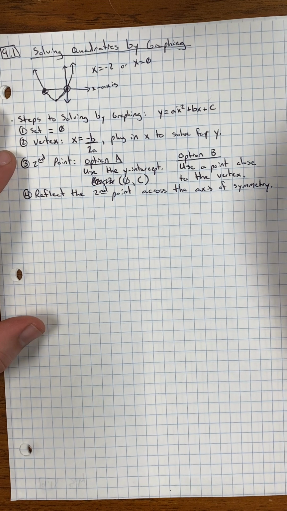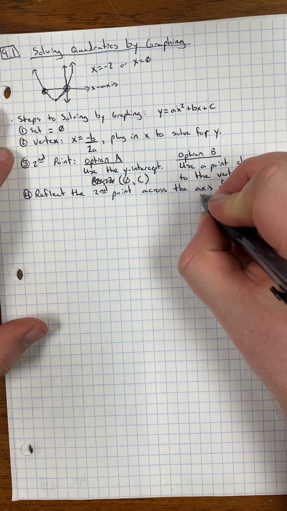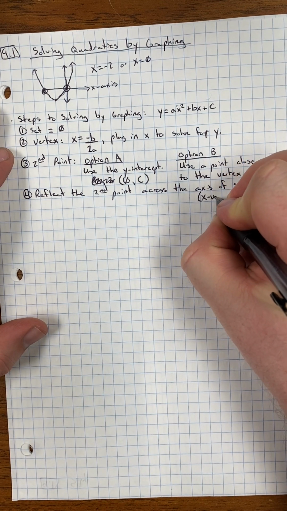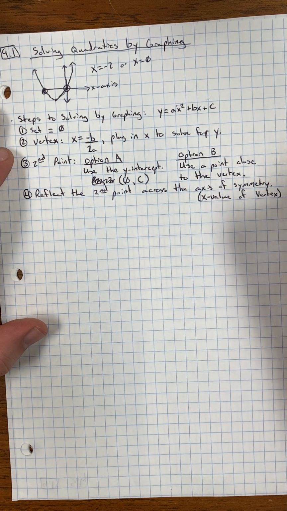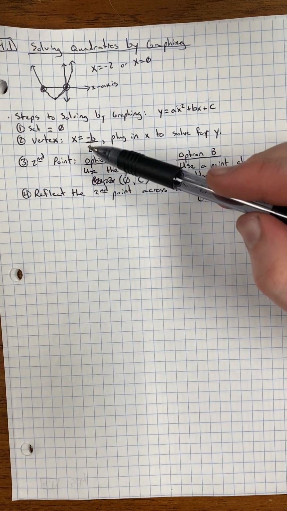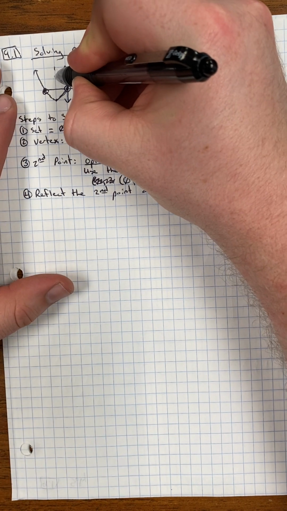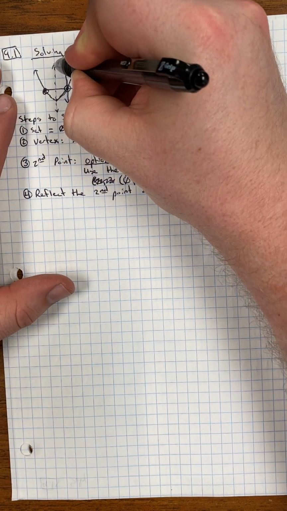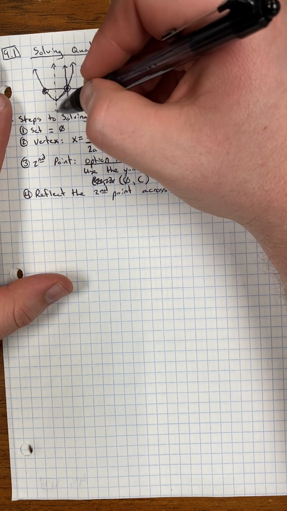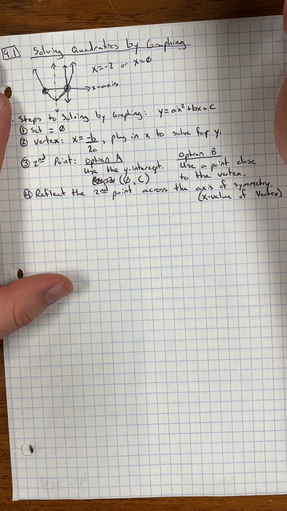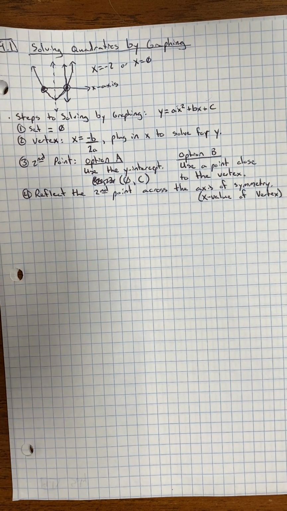If you're wondering what that is, because you might not remember at this point, the axis of symmetry is always just the x value of the vertex, right? Whatever you got for the x value of the vertex, that's going to be that straight line. Here you can see that if I were to draw an axis of symmetry on this example, it would be this dotted line that doesn't actually exist, but I write it in just so you can see what I'm talking about. It's that mirror point, and we're going to graph one side and then go to the other. That's what we're going to do, okay?